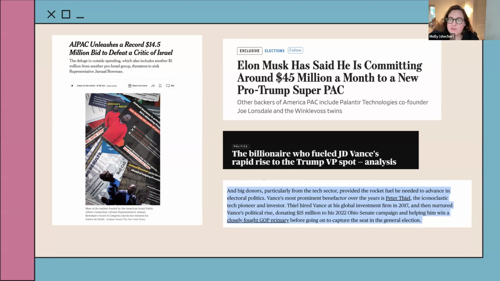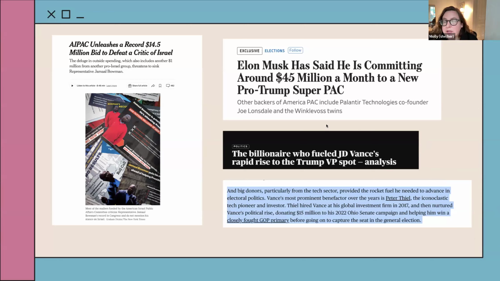I feel like every day this year there's been a new headline about that. I'm sure people have been following AIPAC, the Israeli lobby, and the tremendous spending to influence election outcomes, like targeting Cori Bush and Jamaal Bowman successfully in primaries.